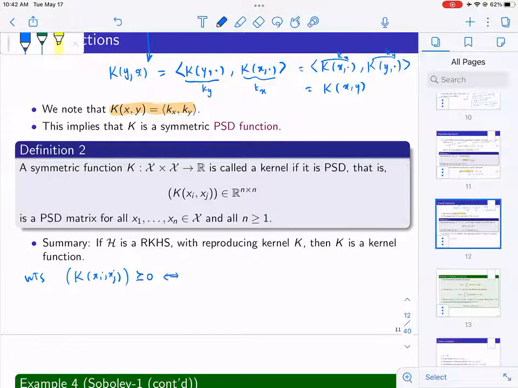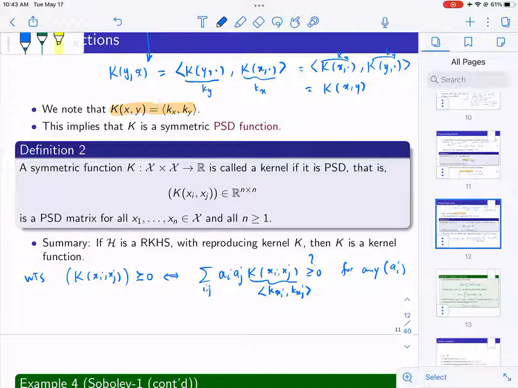So how do I show that this is PSD? We need to show that the sum of a_i a_j k(x_i, x_j) is non-negative for every sequence a_i. Next, this is the inner product of k_{x_i} and k_{x_j} in the Hilbert space. So is this positive semi-definite? How do I proceed?